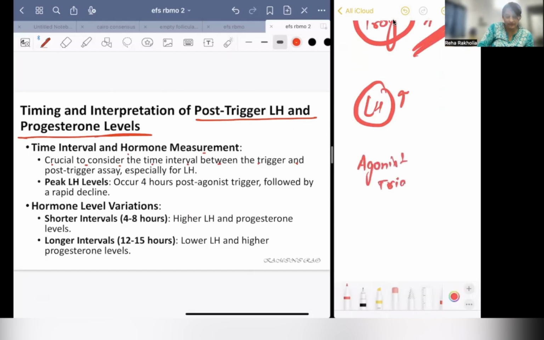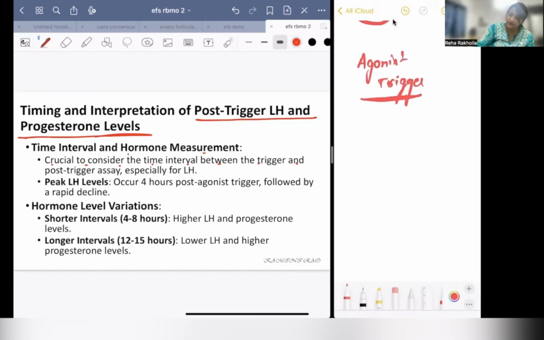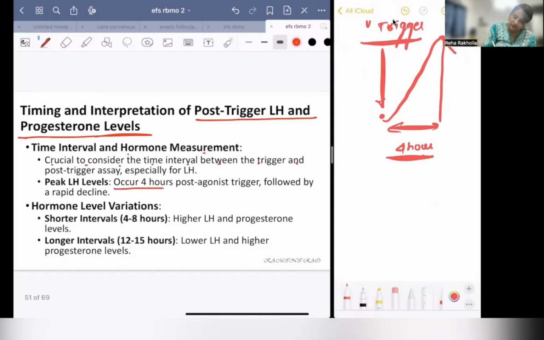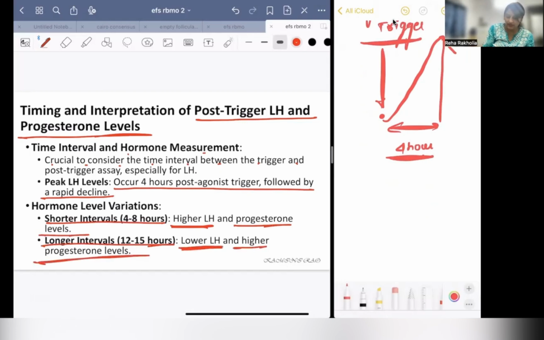After 4 hours of giving the agonist trigger, LH will be at its peak, followed by a rapid decline. With a shorter interval, 4 to 8 hours, there will be higher LH and progesterone levels. With a longer interval, 12 to 15 hours, there will be lower LH and higher progesterone levels.